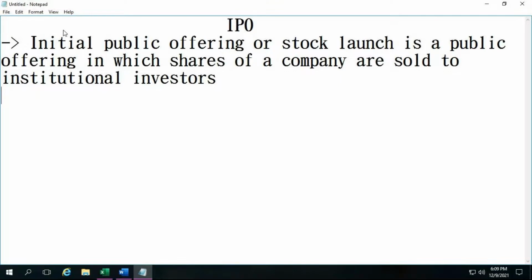When it comes to an IPO or stock or anything, first you need to know the cash flow. Very much important, cash flow.